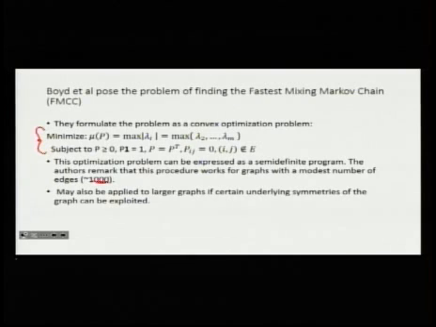But they also think that the same technique can be applied to larger graphs if symmetry groups can be exploited in the underlying graph. So maybe we can use symmetry to help us reduce computational complexity. So looking at graph theory might be a good idea.